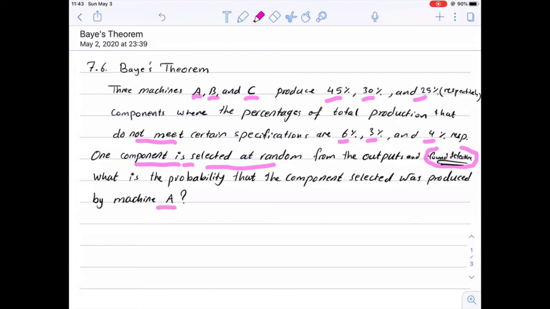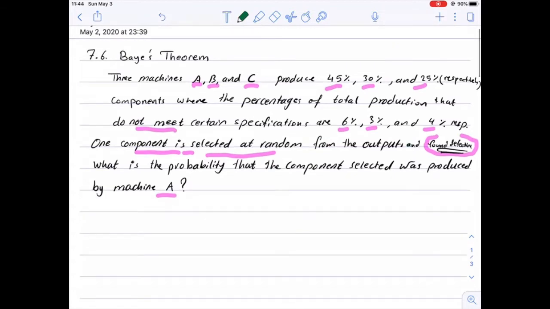So we know the final result, and we're asked whether the first step is machine A, the machine that produced that defective output. So this is Bayes, because we are interested in finding the probability of the beginning event.